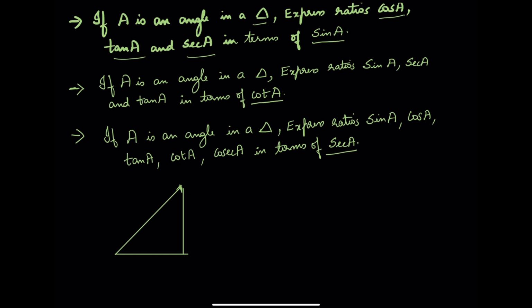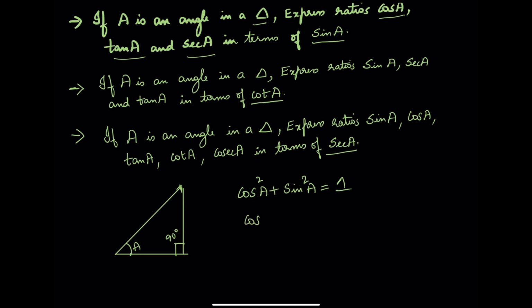So let's mark this as 90 degrees and let's consider this to be A. We know that cos square A plus sine square A is equal to 1. So this is a trigonometric identity we learnt in the previous videos.